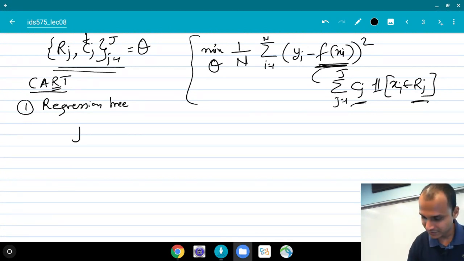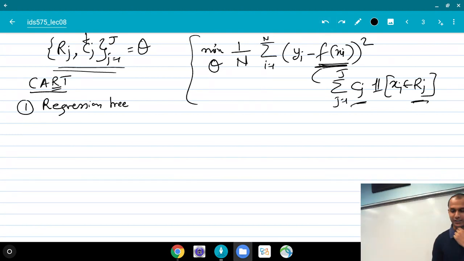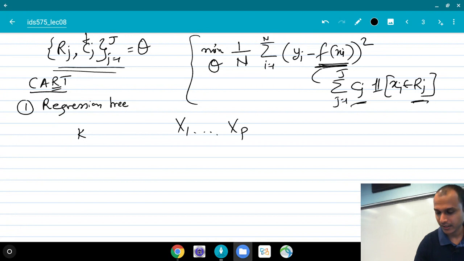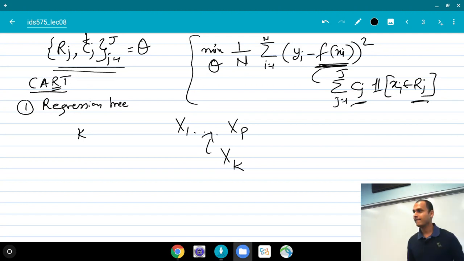I'm already using J, so let me use K. I have x1 to xp as my features, and a generic feature is x subscript k, instead of xj as I used before.